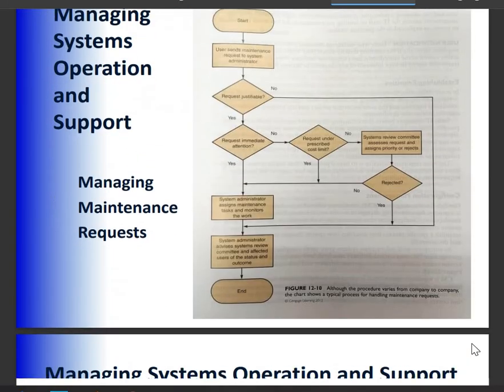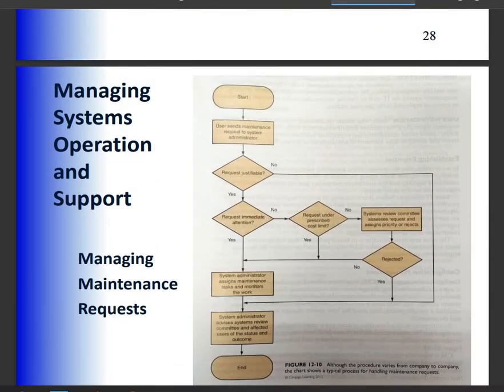Okey. Ini ialah apa yang saya ekstrak daripada buku teks, yang mana dia bermula dengan start, kemudian user send the maintenance punya request. Adakah request itu justifiable? Kalau misalnya yes, adakah dia perlukan immediate attention?